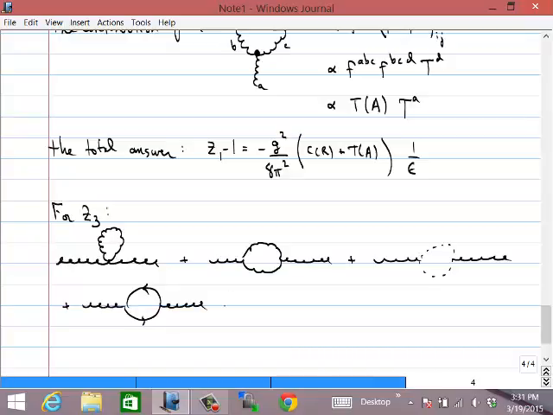Finally, all of that will have a divergence at one loop that has to be canceled by a counterterm. And that counterterm gives us the desired renormalization scale dependence of Z3.